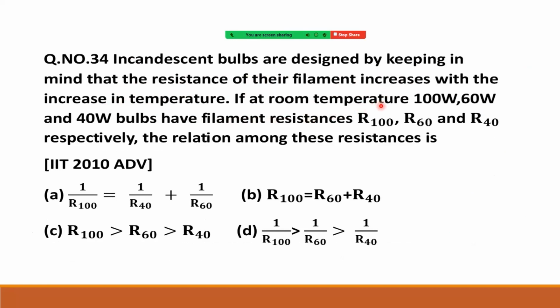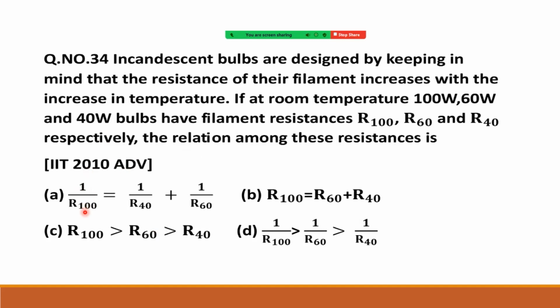If at room temperature, 100 watt, 60 watt and 40 watt bulbs have filament resistances R100, R60 or R40 respectively, the relation among these resistances is asked in 2010. I think we can say this directly. We can see what is the meaning of 1 by R.